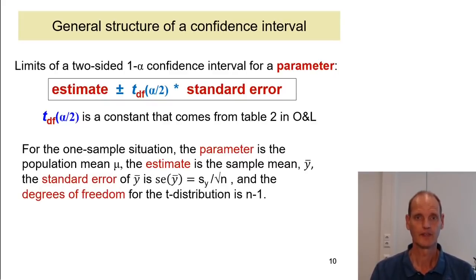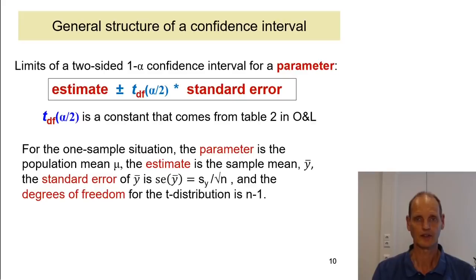And for the one sample situation, we now get these 4 red parts that we have indicated. The parameter is the population mean, the mu in this case. The estimate is the sample mean, y bar. So the sample mean is used to estimate the population mean.